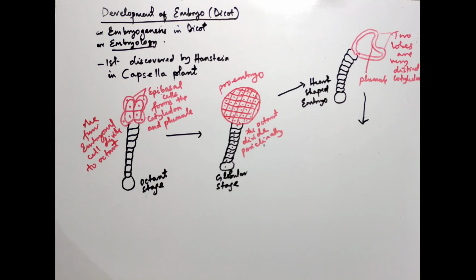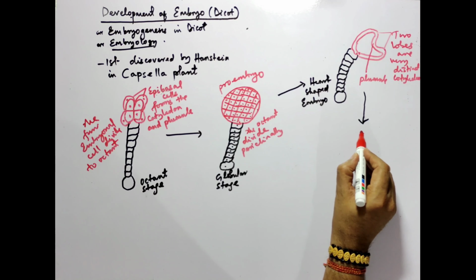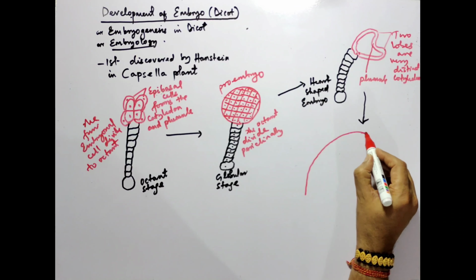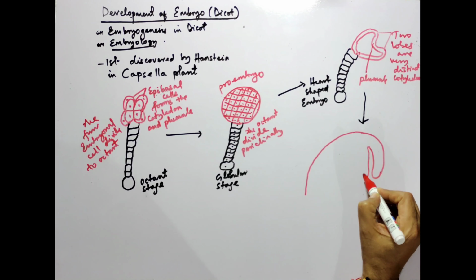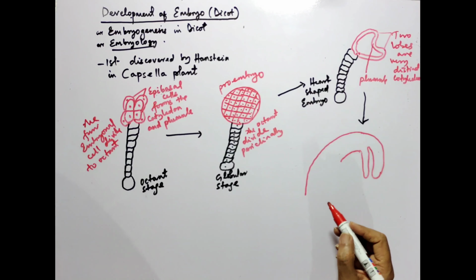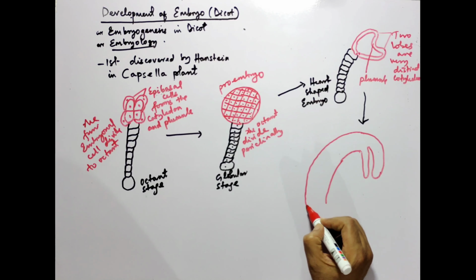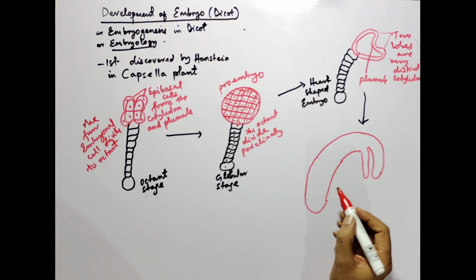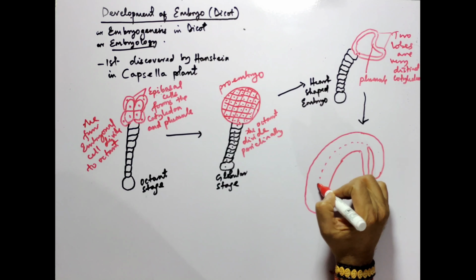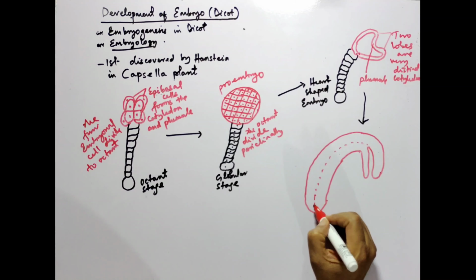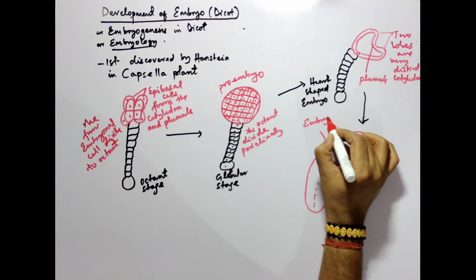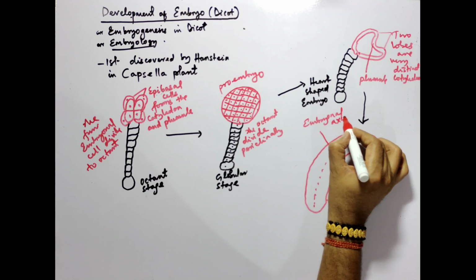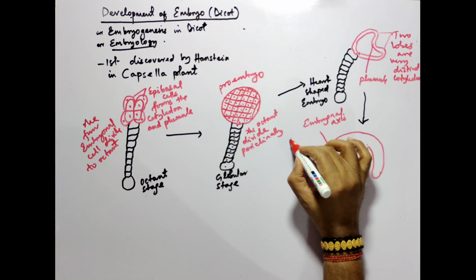So the mature embryo, we can draw the structure like this, and this middle portion is called embryonal axis, or also called tigellum.